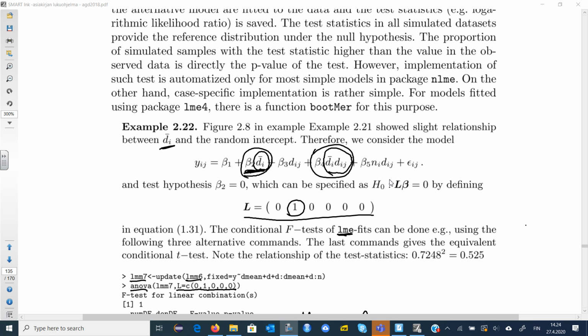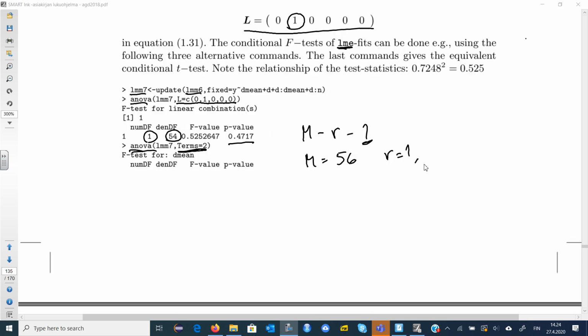We could compute the F-statistic, but we cannot do the test, because the distribution of the test statistic under the null hypothesis is unclear, because we don't know whether we should use the denominator degrees of freedom for this or for this in the test.